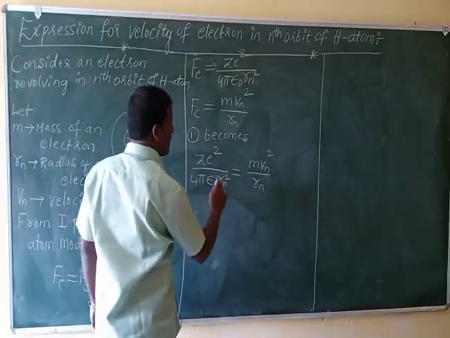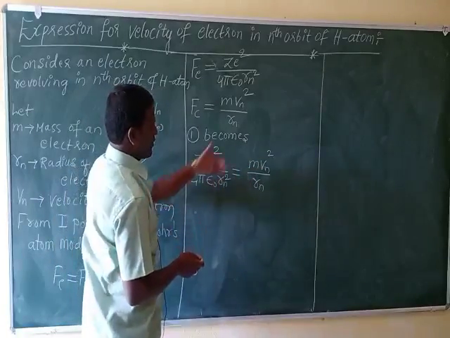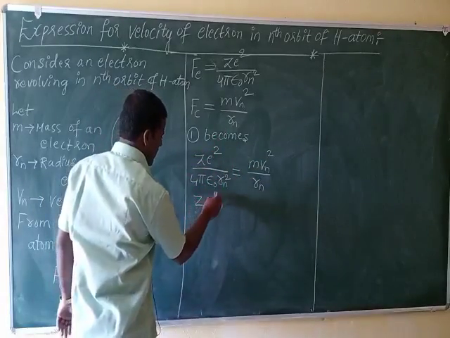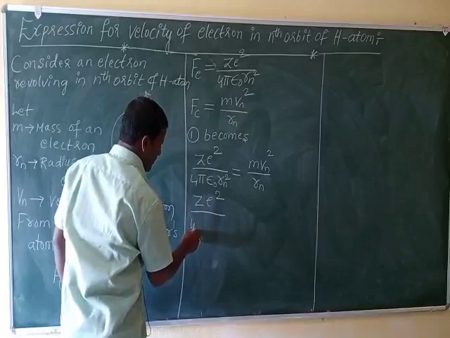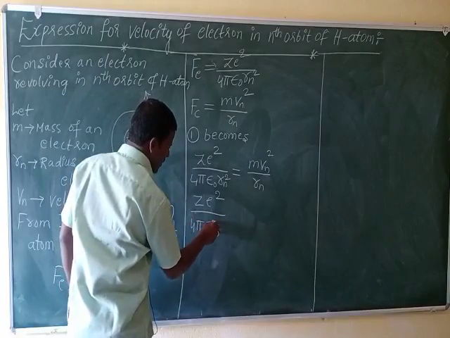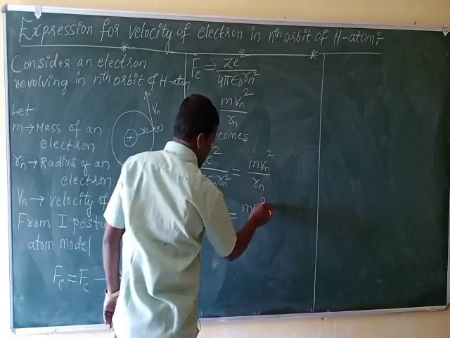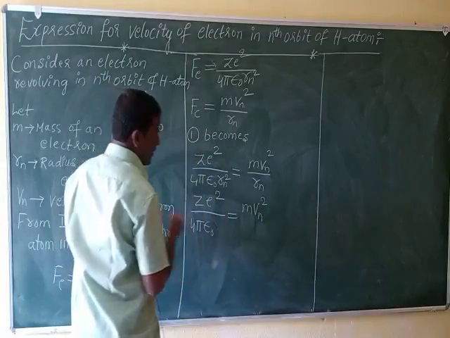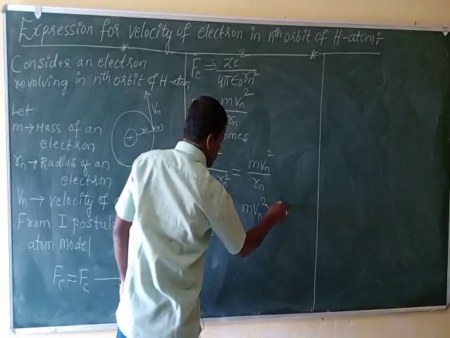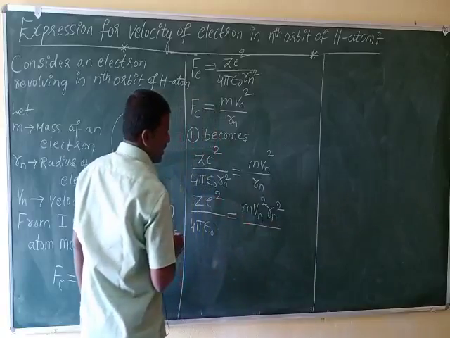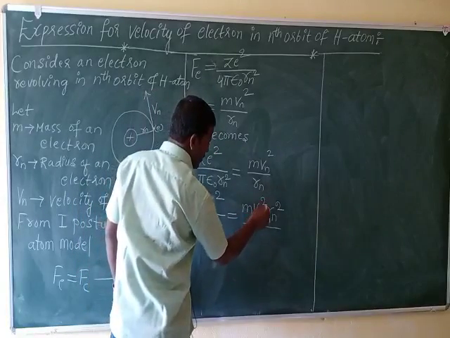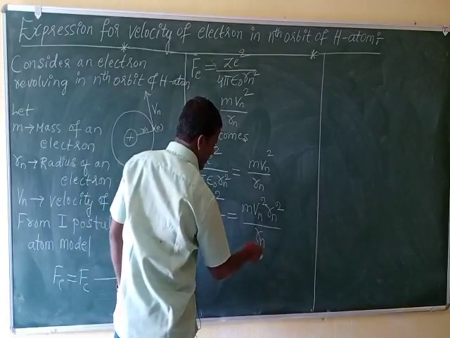So you bring Rn square to the RHS. Z square by 4 pi epsilon equals m vn square Rn square by Rn.